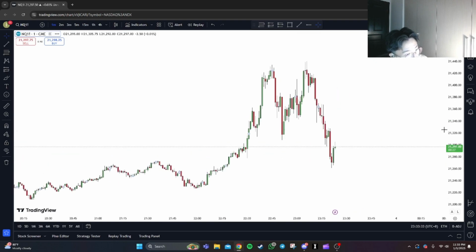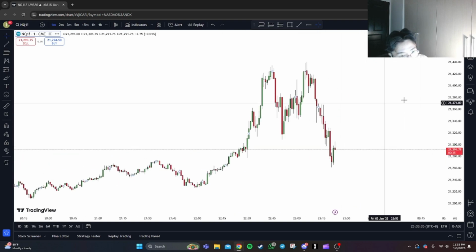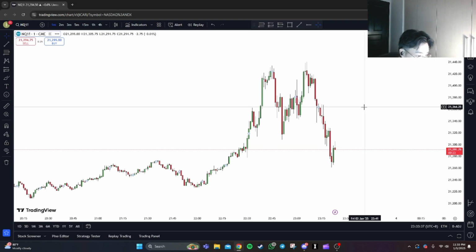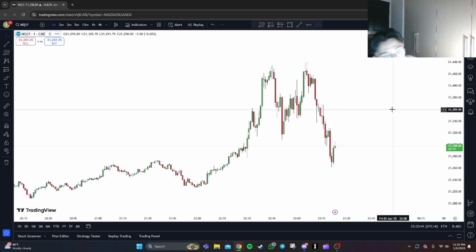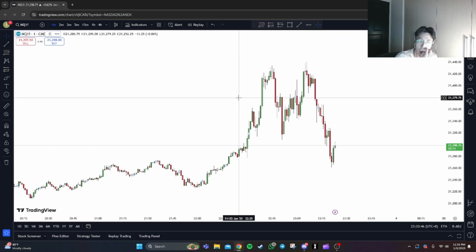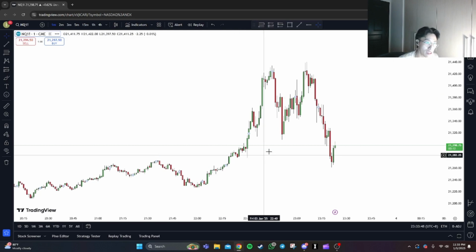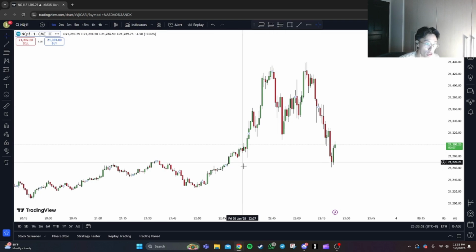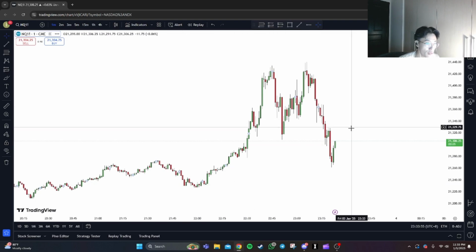So liquidity. What is liquidity? Liquidity is the most important thing in ICT trading or any trading in general. Okay, liquidity is basically targets on the chart. What does that mean? So you have to identify liquidity points. So how do you identify liquidity points?